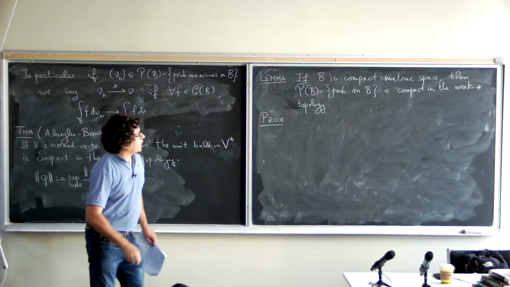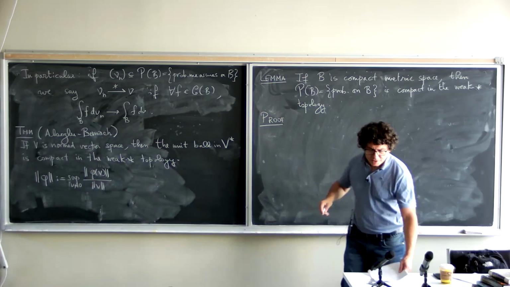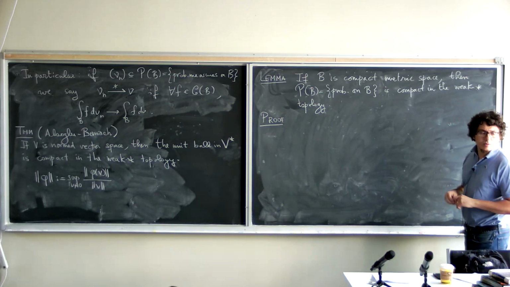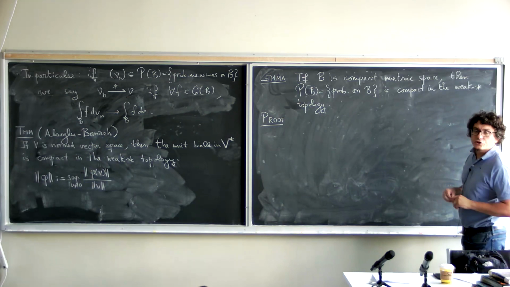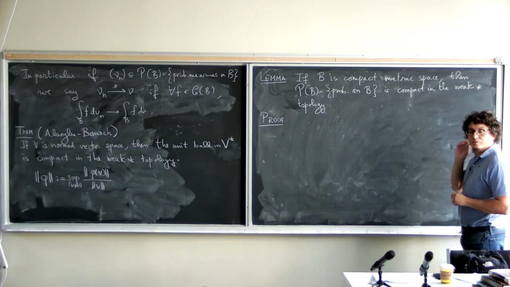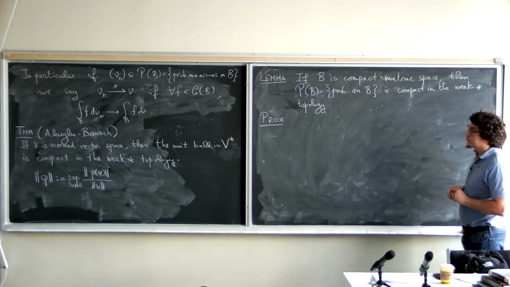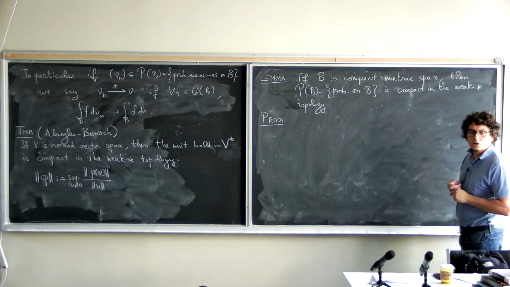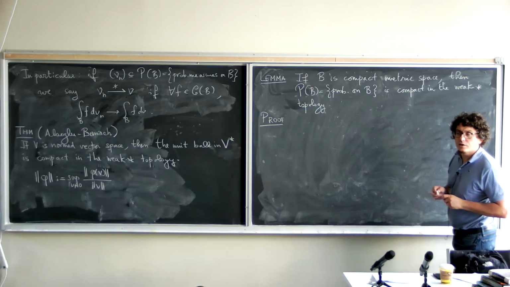Okay, so let's see how we do this. Well, we basically leverage the Banach-Alaoglu theorem. Does anybody want to give it a try? Yeah, so probability measures are special elements in the dual to C(B), right?